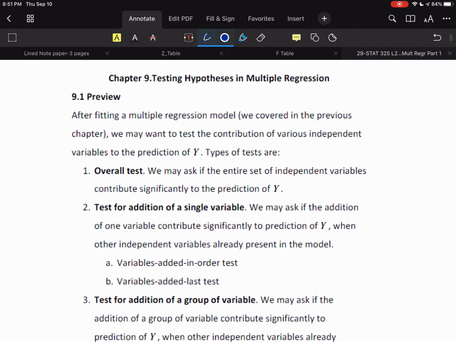So our overall test asks: is the entire model significant as far as trying to predict y? Is it statistically significant? And then we want to test whether we should add another variable. Is it significantly better to add a variable in the prediction of y or not? And so there's the added in order test and the added last test.